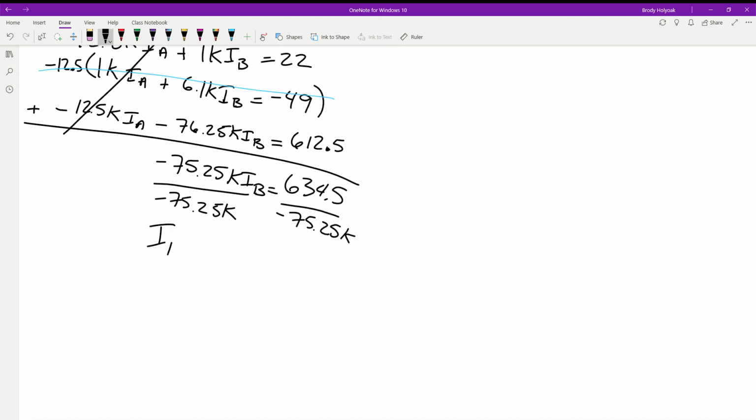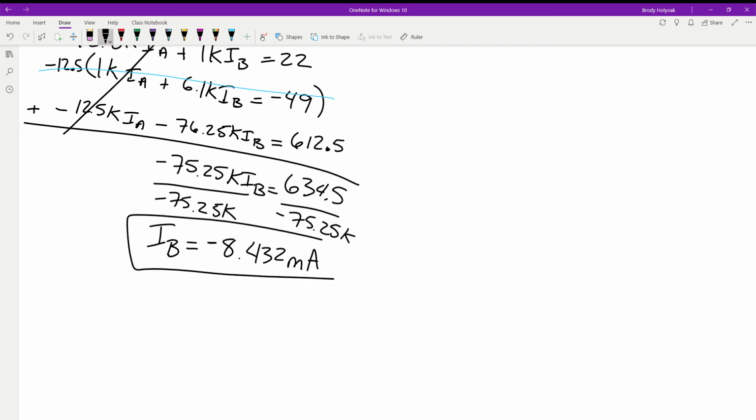So when we carry this division out, IB, again, we get a negative current, which all this means is that we made our original assumption incorrectly for loop B.